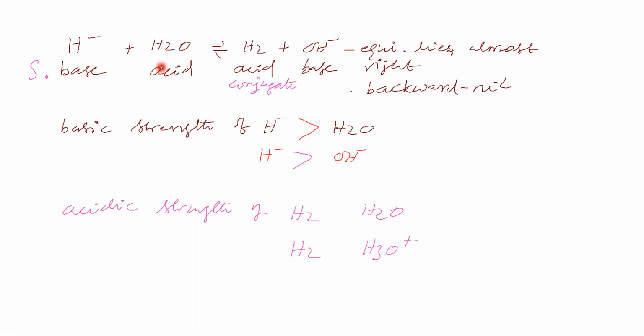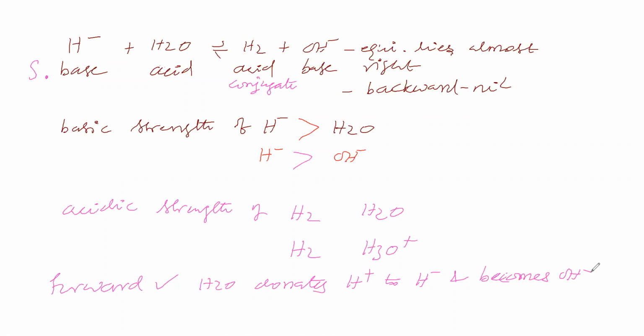Now see, forward is taking place. Forward is taking place means water is converting into OH minus by donating H plus to H minus, isn't it? Forward takes place. That means water donates H plus to H minus and becomes OH minus.